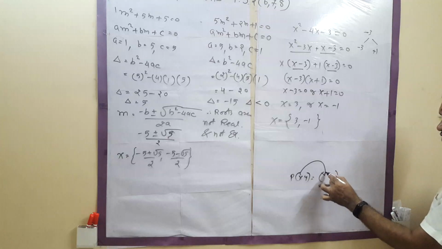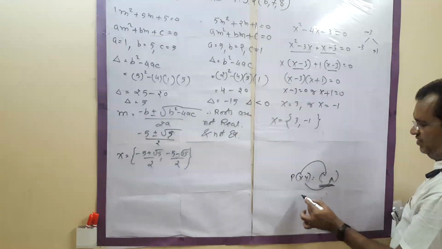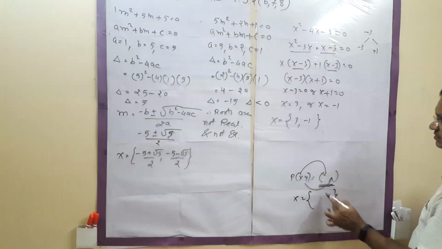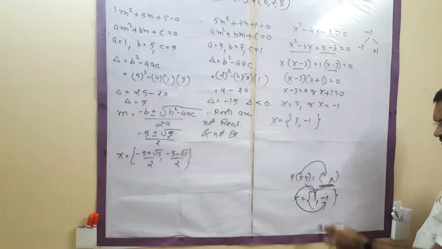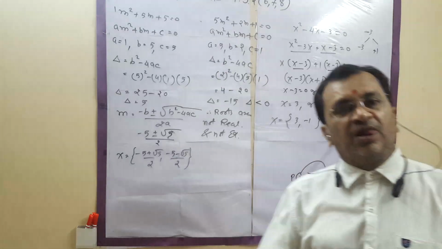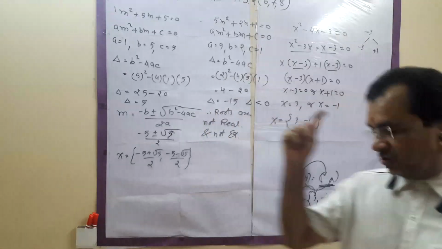First number goes to only x, second number goes to only y. Now we are writing like this, x goes to 3 also, x goes to minus 1 also. Both are solutions of the same variable. At that time you have to write solution set, solution.